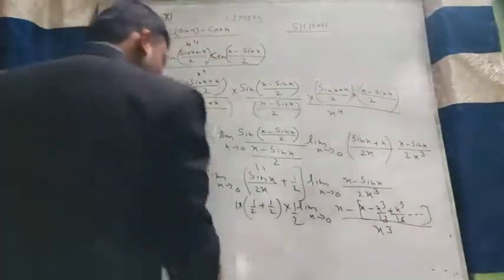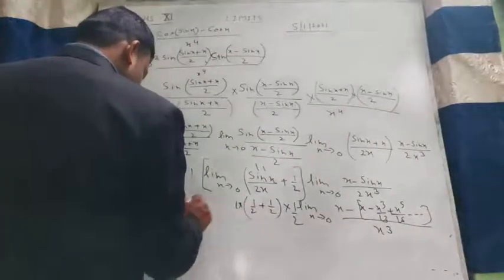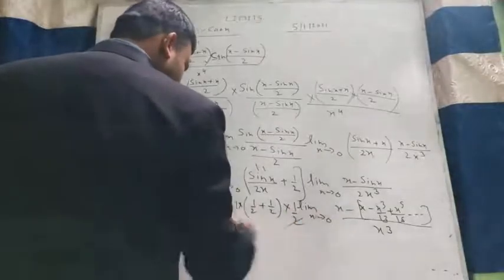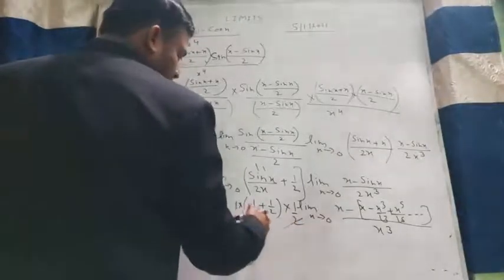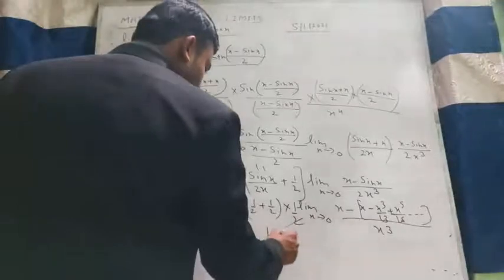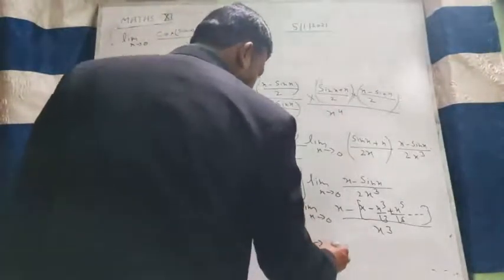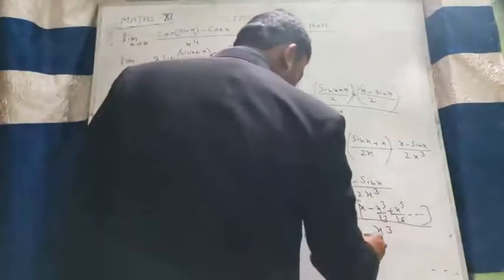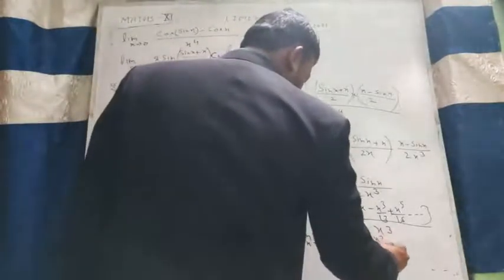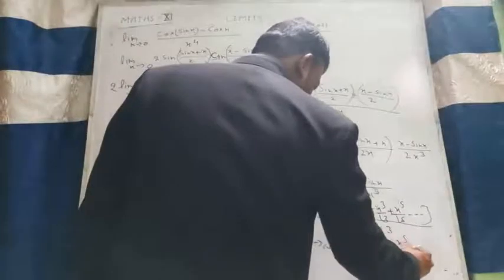Okay, student, so here the 2 will cancel with this 2, and half and half will change into 1. So 1 into limit x tends to 0, we write x minus x plus x cube by factorial 3 minus x to the power 5 by factorial 5 dot dot dot.